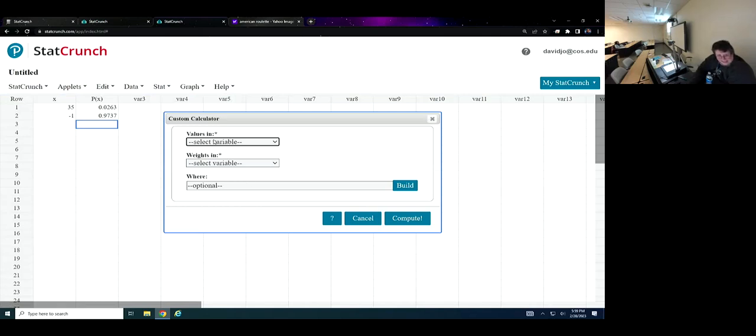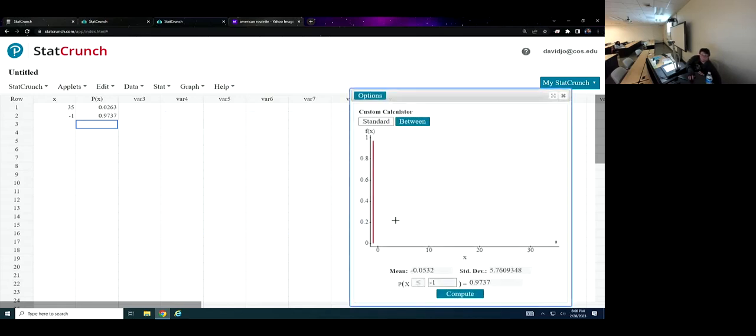The values are your X and your weights are your P of X. That's all it is. If you've got the table in, you say where the values are and where the probabilities are, X and P of X, and you click compute. And it tells me the mean right there.